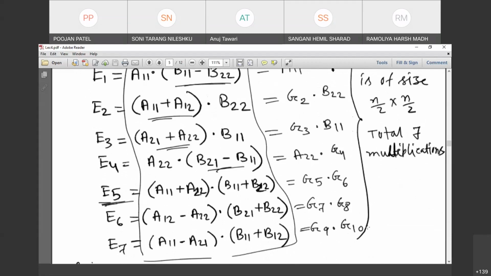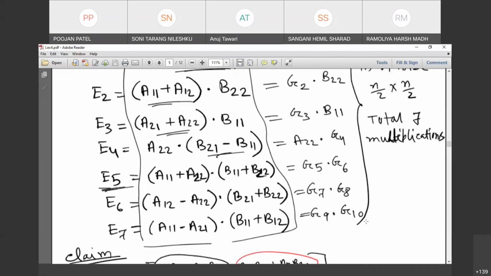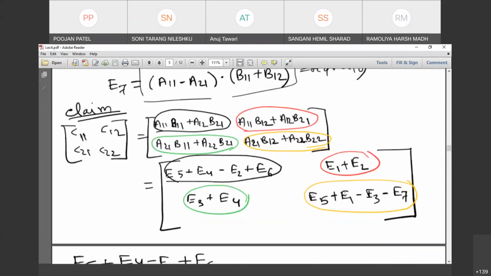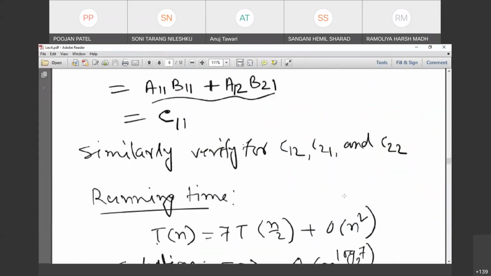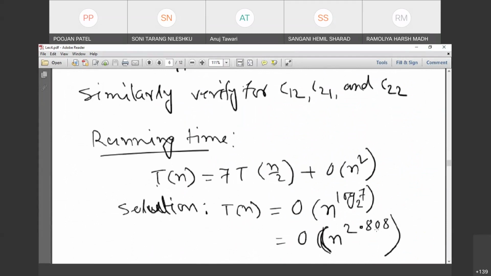So it's order of n to the log 7 to the base 2. Yeah, log 7 to the base 2. And if you look at that, it's something like 2.81. It's a minor improvement, but it is something. So overall, it's going from n cubed to n to the power 2.8. But I think for n larger than 32 or something, this running time is much better.